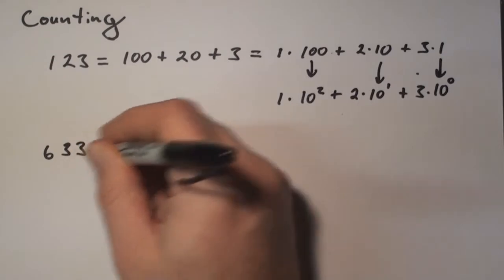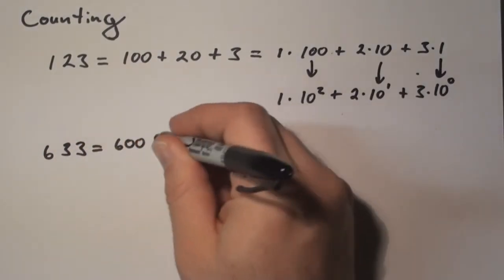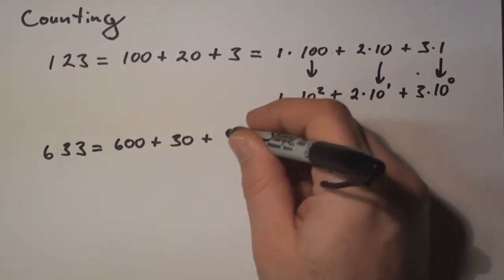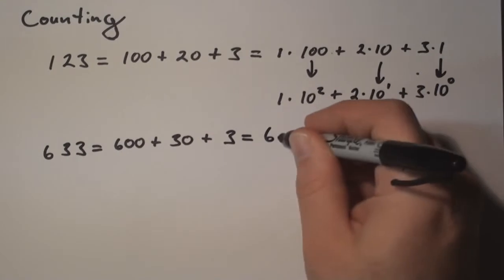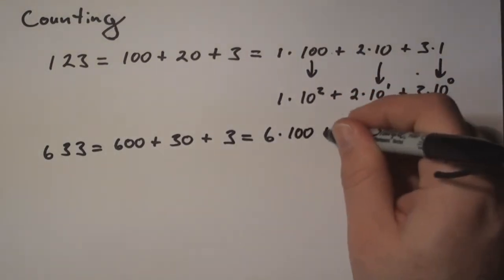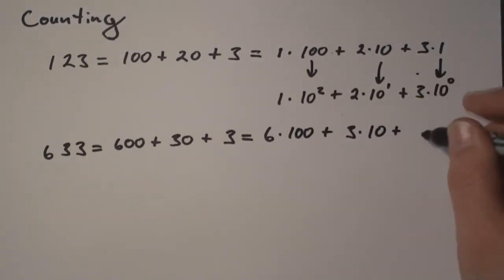Let's do another one. 633 is equal to 600 plus 30 plus 3, which is really equal to 6 times 100 plus 3 times 10 plus 3 times 1.